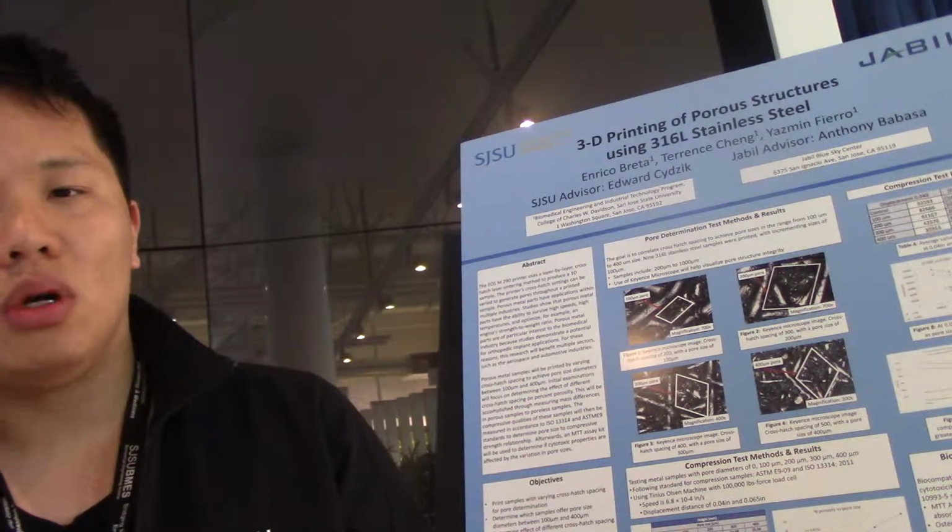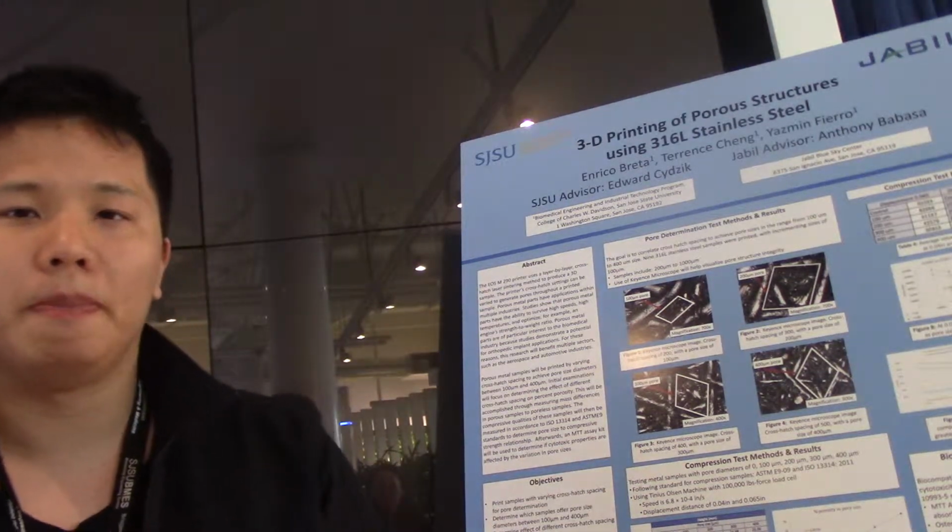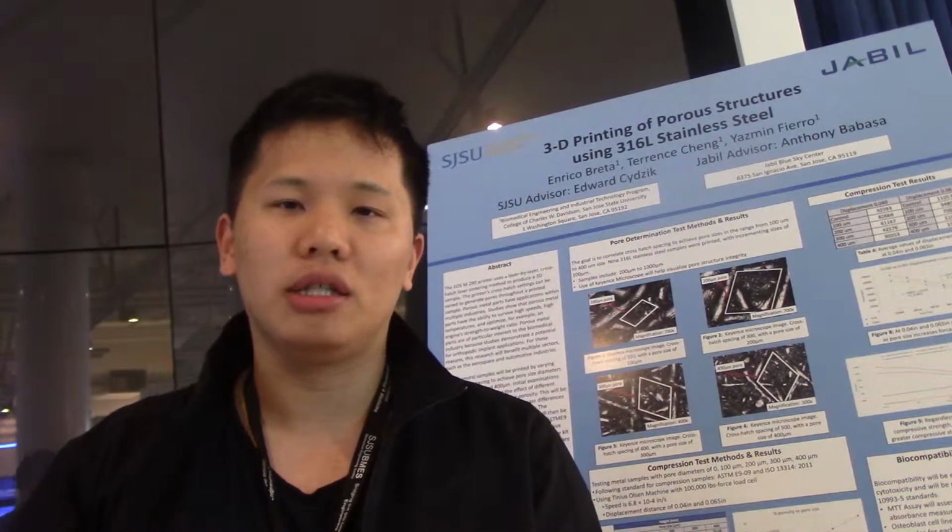Now, one way you can solve that is inducing pores throughout the structure, which can reduce the overall stiffness and make it a better match to the stiffness of the bone, which would lower the possibility of stress shielding.